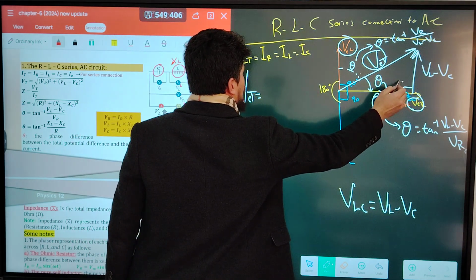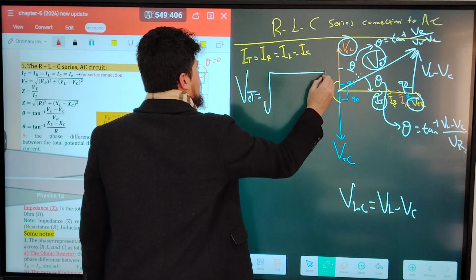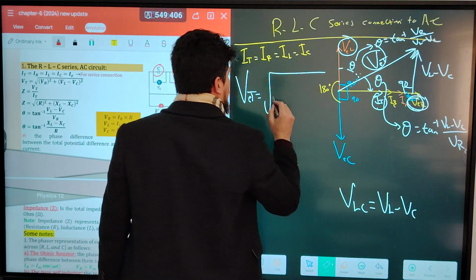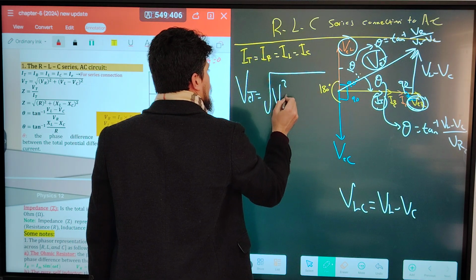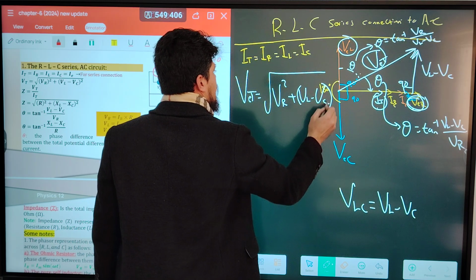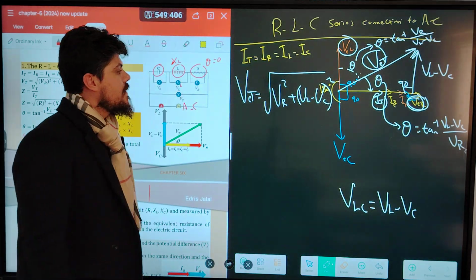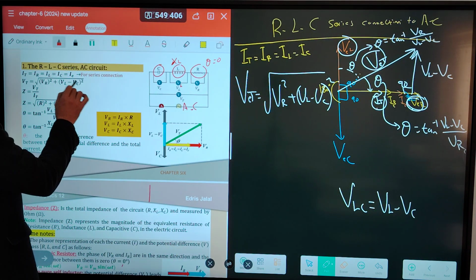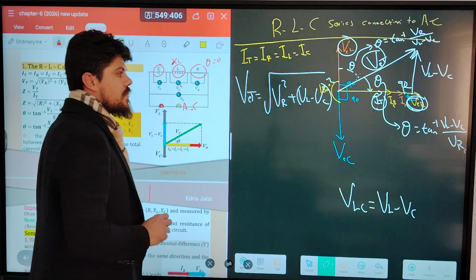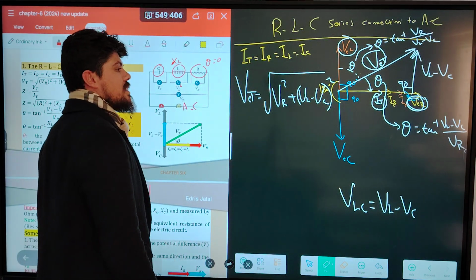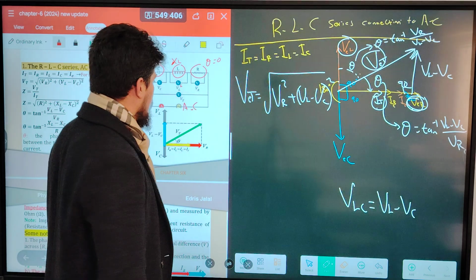Because we have a right angle triangle, using Pythagorean theorem, adjacent square, which is VR square, plus VL minus VC square. VE total is equal to the square root of VR square plus VL minus VC square.